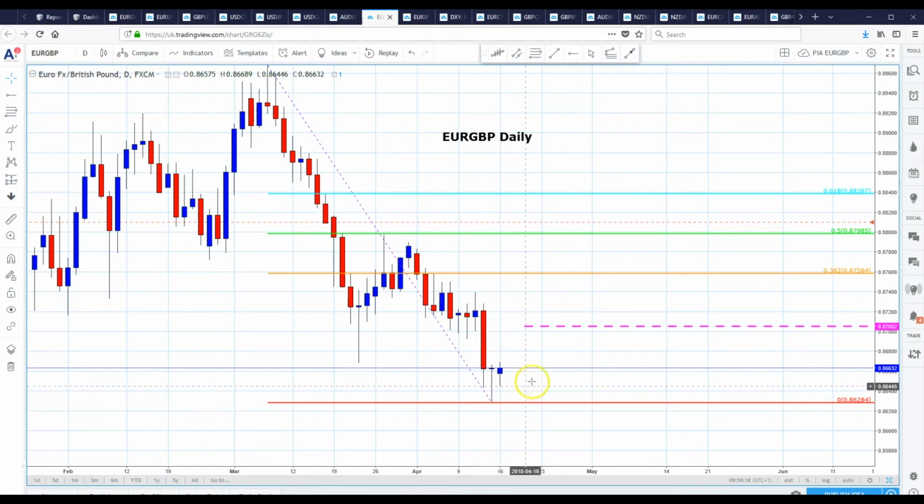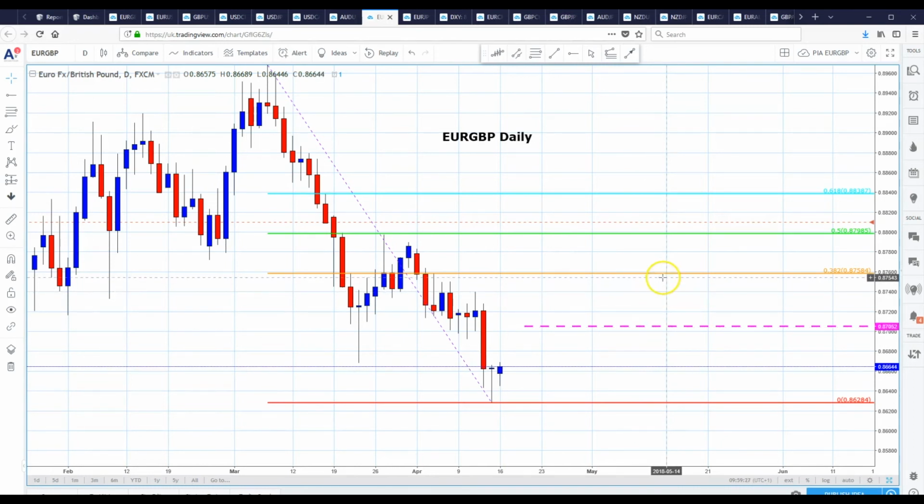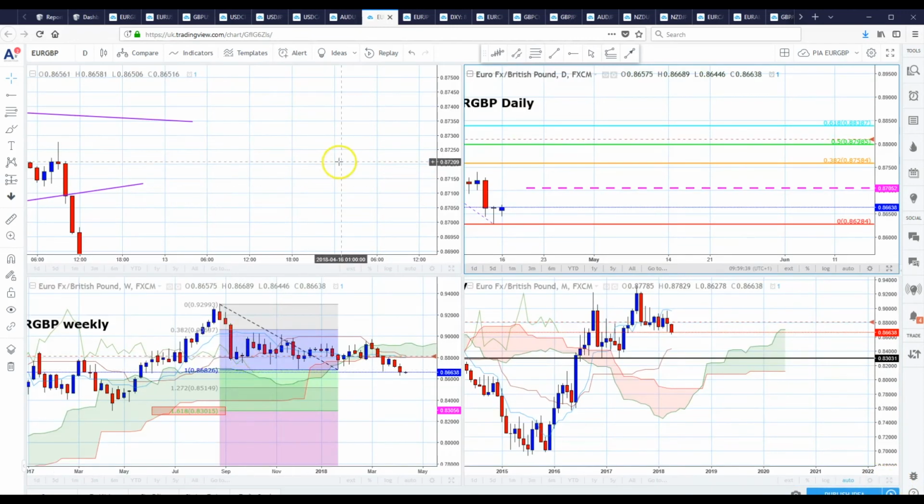So really dips potentially bought into at the start of the week. First resistance is at 87.04, and then the second resistance is at 87.58.